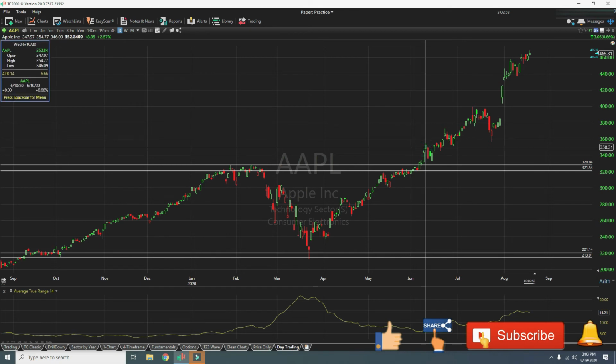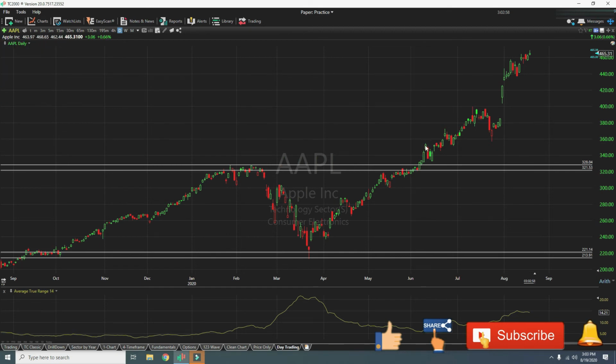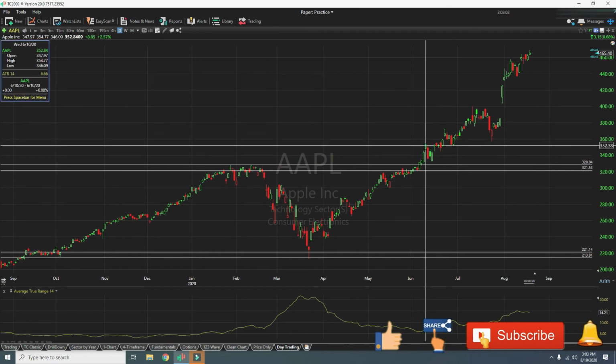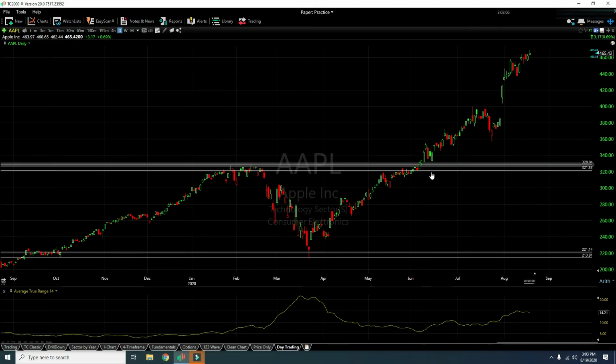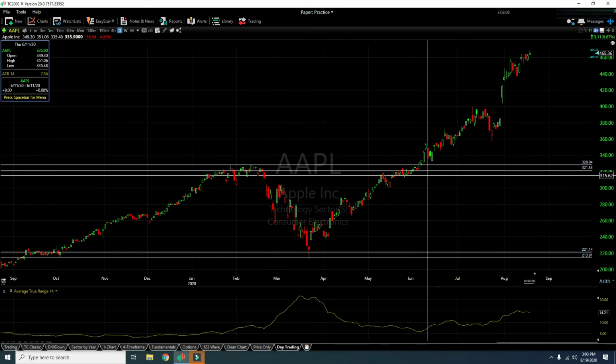And if you chase, what happens is, let's say you chase this Apple stock and got in this day at 352, and you put the stop loss 1 ATR below the bottom of the support or resistance area. The ATR, I told you, is $6.22. So if you calculate $6 from 321, it's going to be around 315, somewhere in this area.